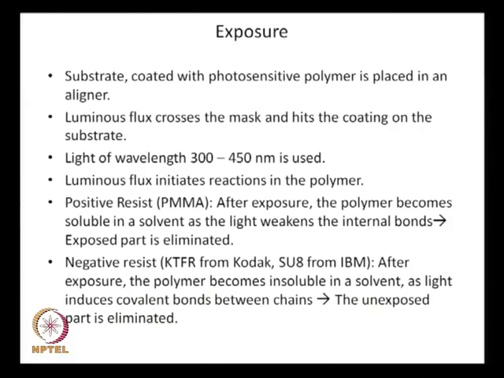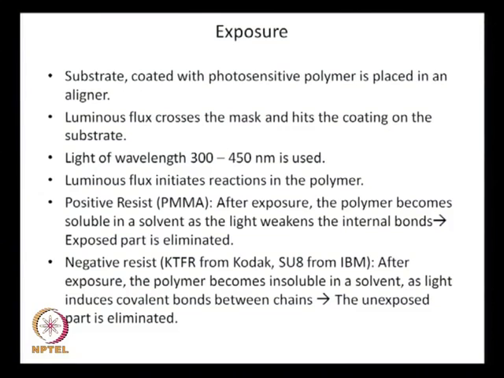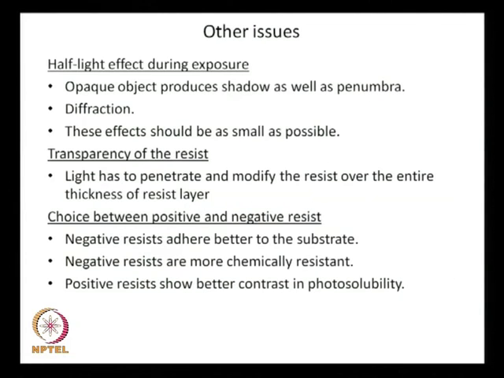So, in one resist light is breaking down the chains, and in the other resist light is creating the chains. That is how nature works. In case of negative resist the unexposed part is eliminated, and in case of positive resist the exposed part is eliminated. I hope this is clear to everybody.